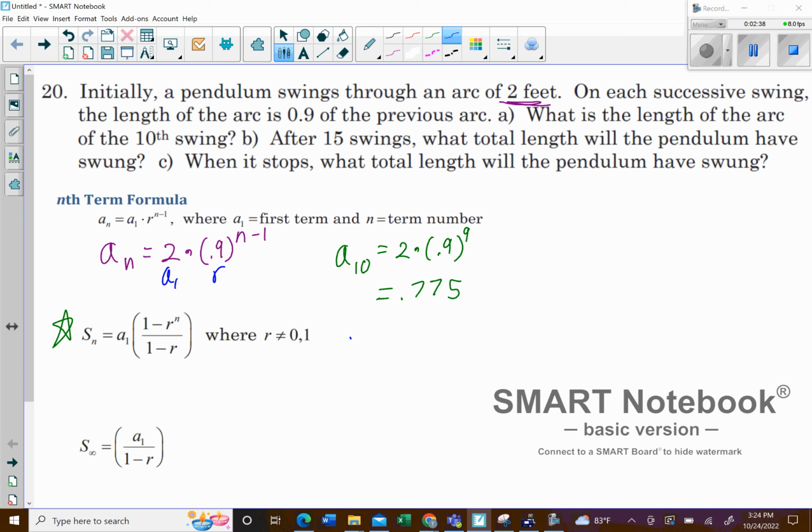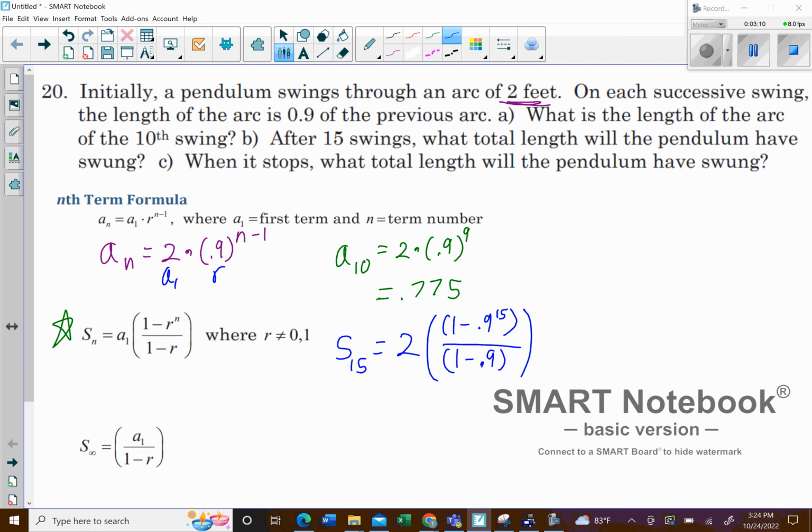So we're looking for the sum of the first 15 terms, and so we're going to have 2 times parentheses. The way I'm going to have to put this in the calculator is 1 minus 0.9 raised to the power of 15, then close that parentheses, divided by, open a new parentheses, and do just 1 minus 0.9, close that parentheses, and then close the outer parentheses.